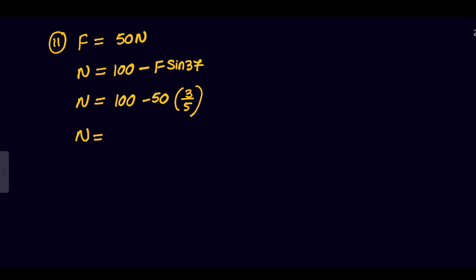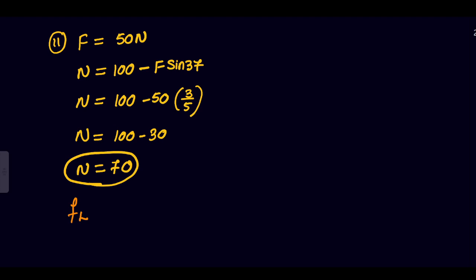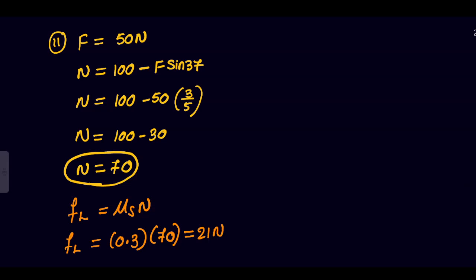So 100 minus 30, we got the N value 70 newtons. Then limiting friction is mu s into N, with mu s 0.3 into 70. So this value comes to 21 newtons, and this is the limiting friction.